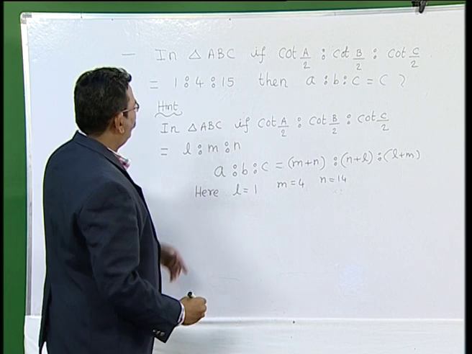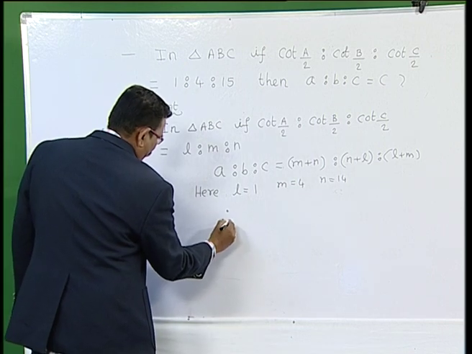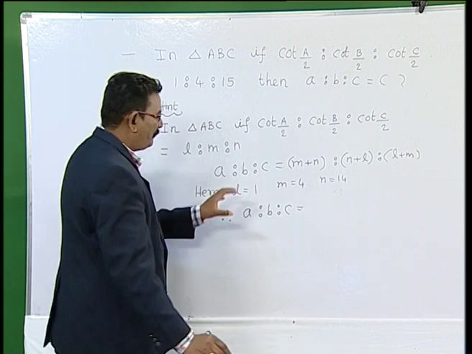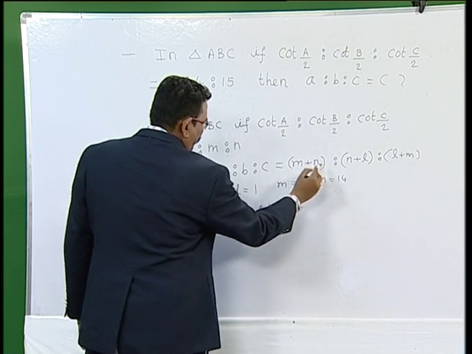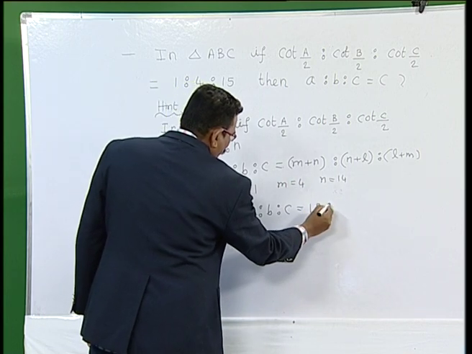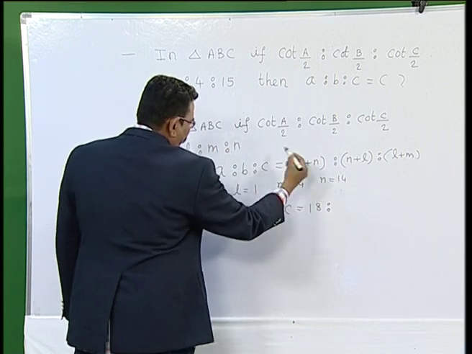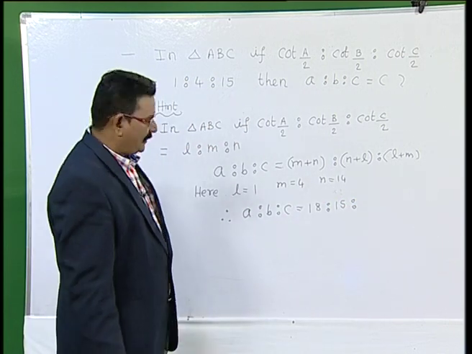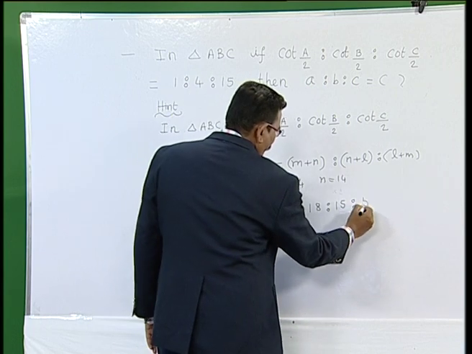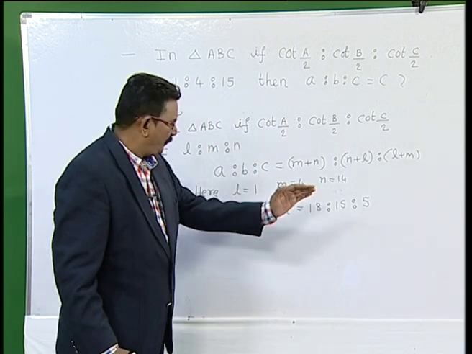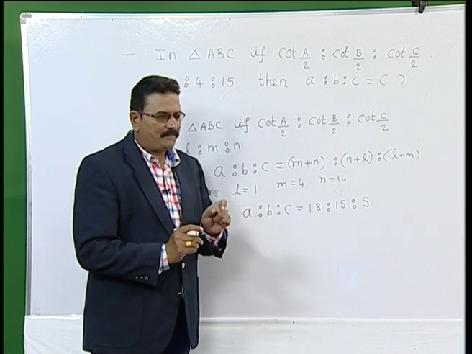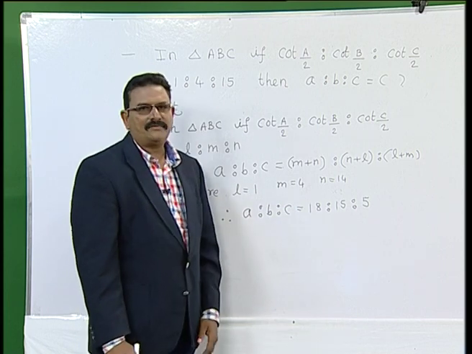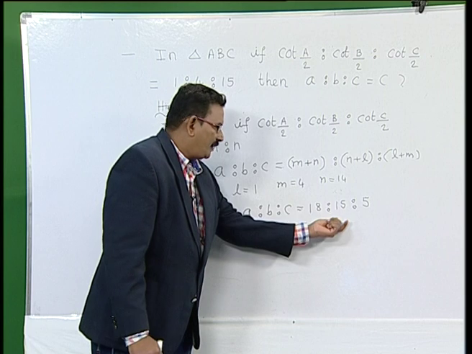Therefore, the required ratio of the problem A is to B is to C is equal to, first let us write M plus N, that means 4 plus 14, 18 is to N plus L, 14 plus 1, 15 is to L plus M. What is L plus M? 1 plus 4, that is 5. So, 18 is to 15 is to 5. If it is possible to put in simplest form, you can write it, otherwise you leave it. So, this is the right answer. What is the answer? 18 is to 15 is to 5.